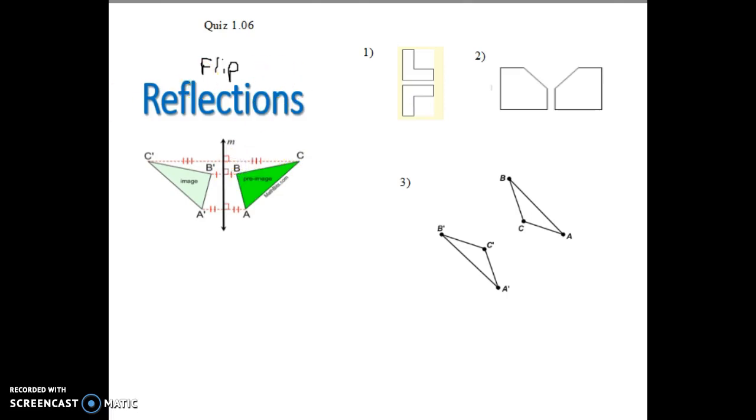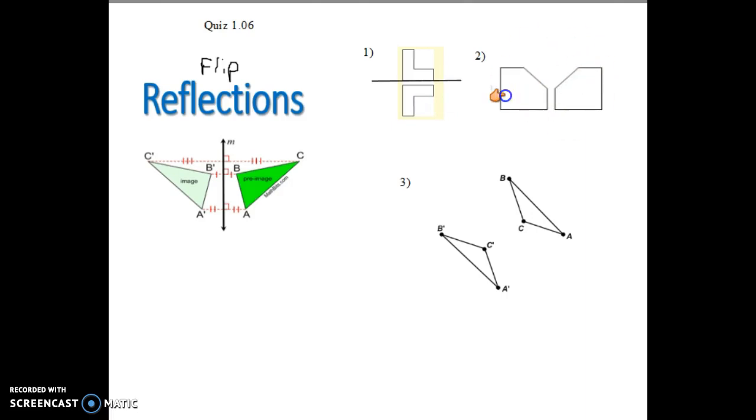So let's take a look at a couple examples. If I were to draw a line of reflection here and I were to fold this piece of paper, notice that this would line up here. So we can tell that's a reflection versus just a translation where we slide something down. If we slid this down, then this would be on the bottom here.